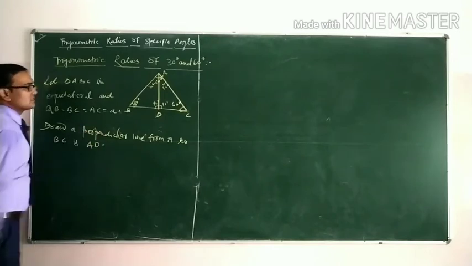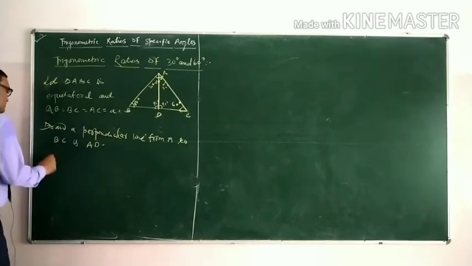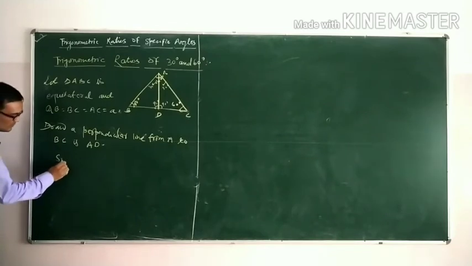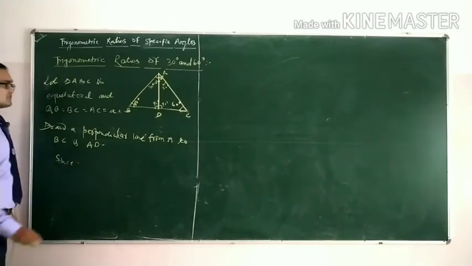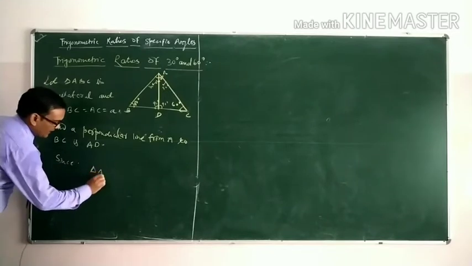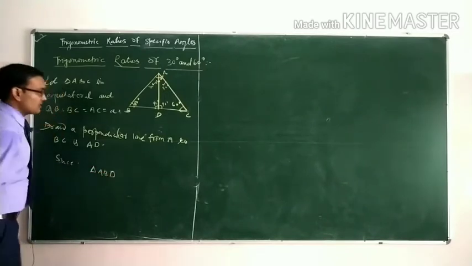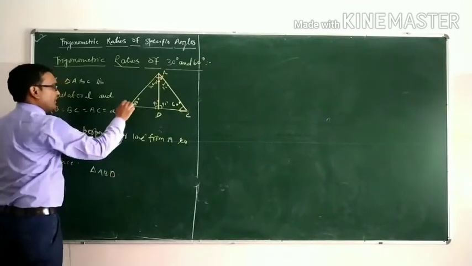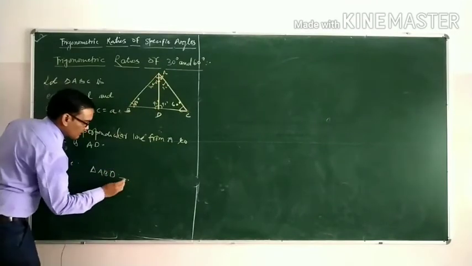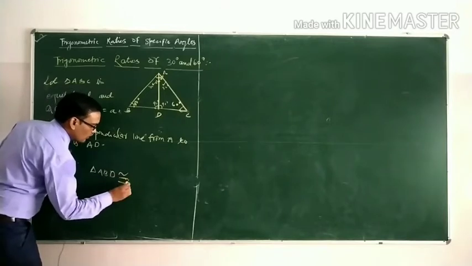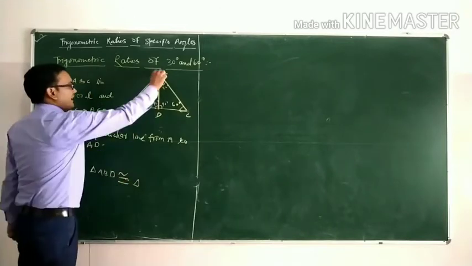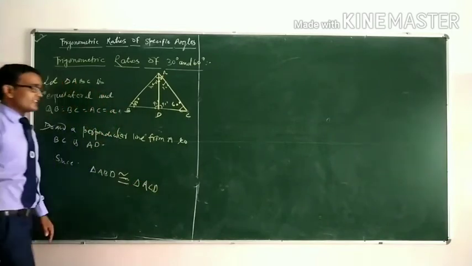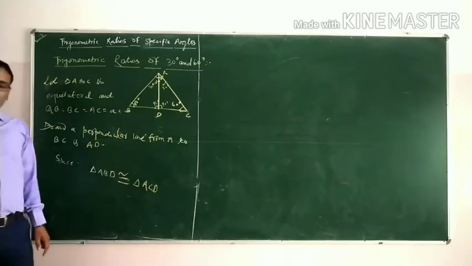Okay, students. Triangle ABD is congruent to triangle ACD. Why, students?